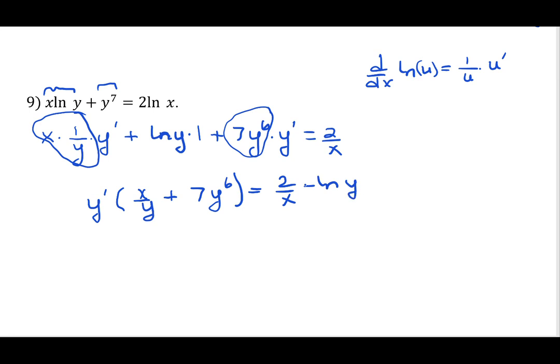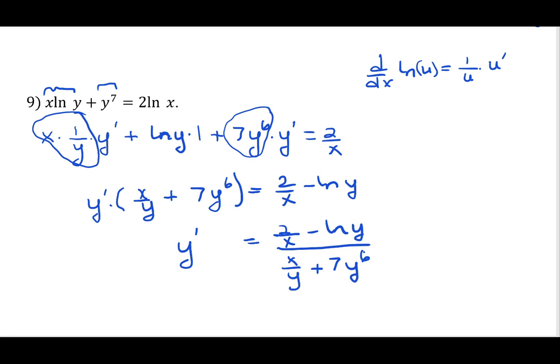So it appears on the right-hand side, and it's gone from the left. Okay, so here now we have the y prime factor. The rest should be easy peasy, right? So take y prime equals the right-hand side divided by the coefficient of y prime, which is x over y plus 7y to the 6.